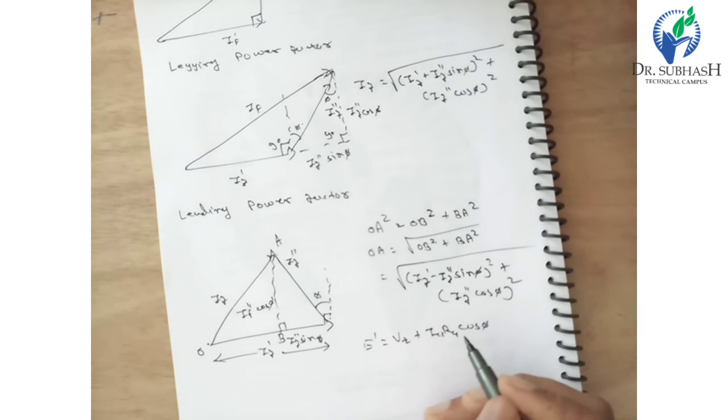Corresponding to this E dash, the respective field current IF dash is found from the open circuit characteristics. The further calculations are on similar lines.